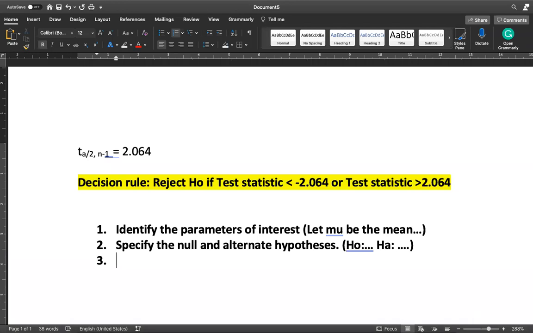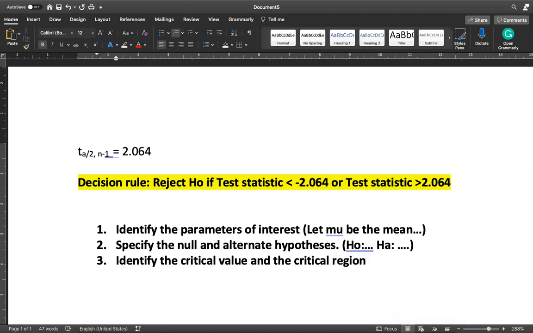Now, the third step is for you to identify the critical value and the critical region.